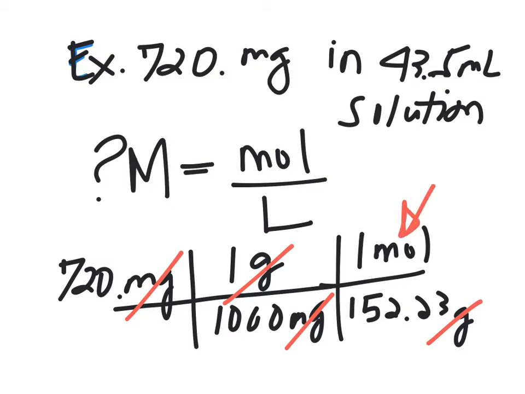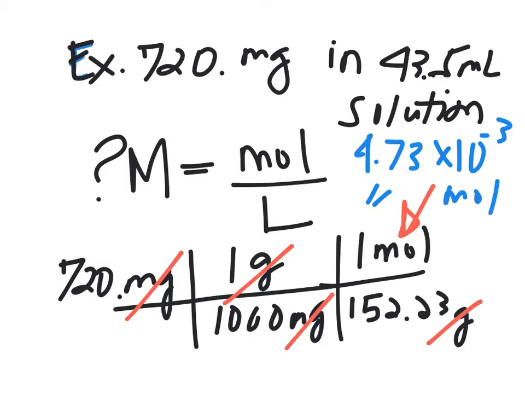If I finish doing that math, I get 4.73 times 10 to the minus 3 moles of thujone. That's our solute, so that's the top part in our molarity equation. Now we need to get the bottom part, which is liters of solution, and I know how many milliliters of solution I have.